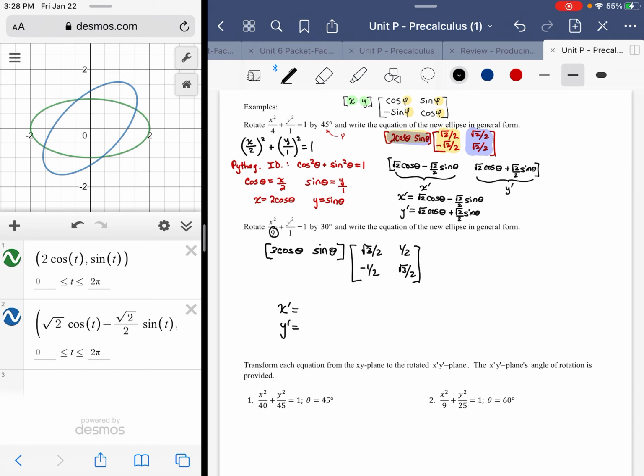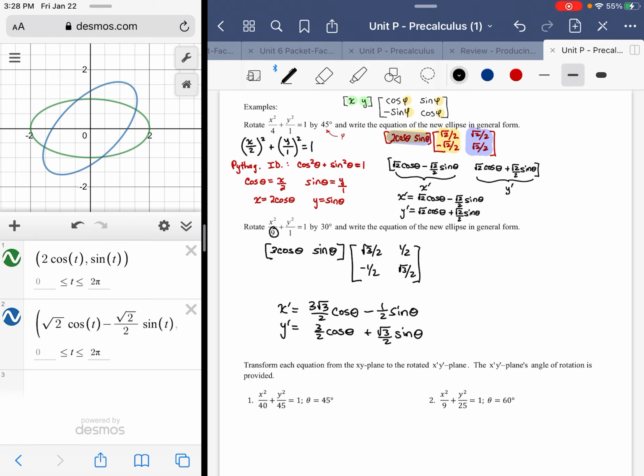X prime, y prime: we're looking at 3 radical 3 over 2 cosine of theta minus 1/2 sine of theta, 3/2 cosine of theta plus radical 3/2 sine of theta.